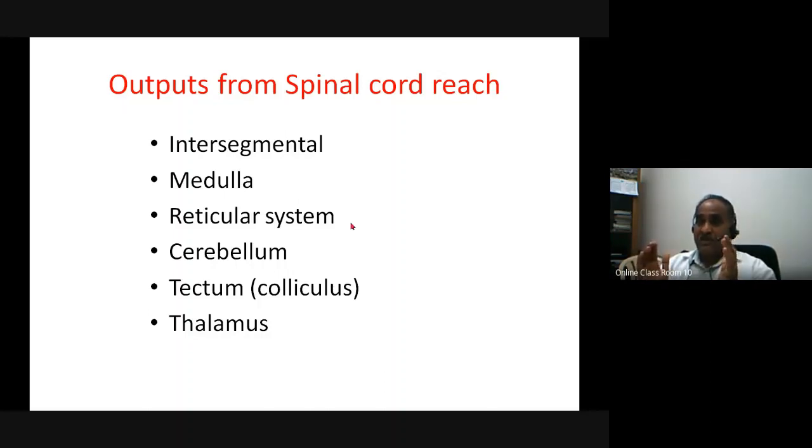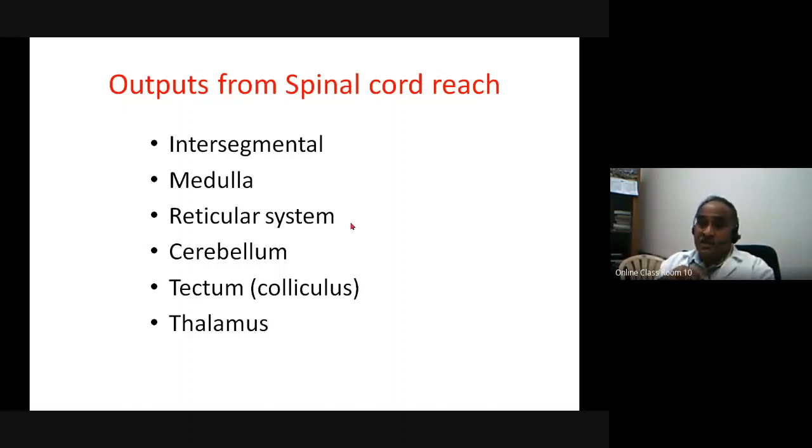Within the brainstem, there is a network of neurons, and this network receives inputs from the ascending and descending fibers going through that particular segment. That is the reticular system. So anything going to the thalamus or above would give a collateral to the reticular system. That means the reticular system is a complex network.